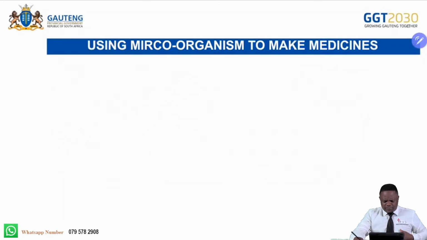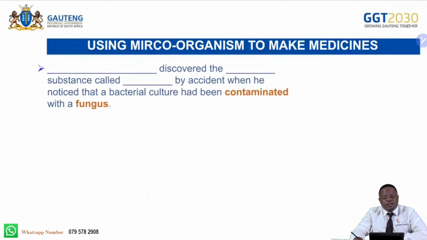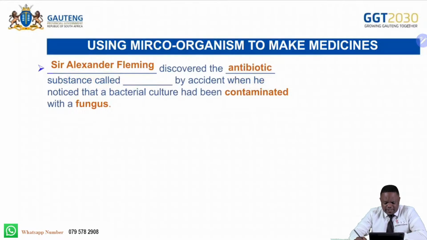Let's look at a typical example of medicine. Long time ago, there was a man called Sir Alexander Fleming. Sir Alexander Fleming discovered what we call an antibiotic, and this antibiotic is called penicillin.